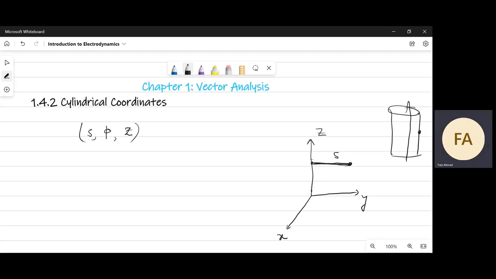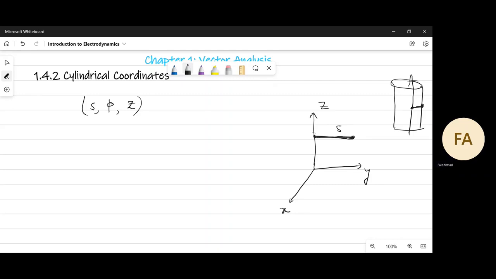This is s, the distance from the z-axis to the point on the cylinder. And z is the distance from the origin.